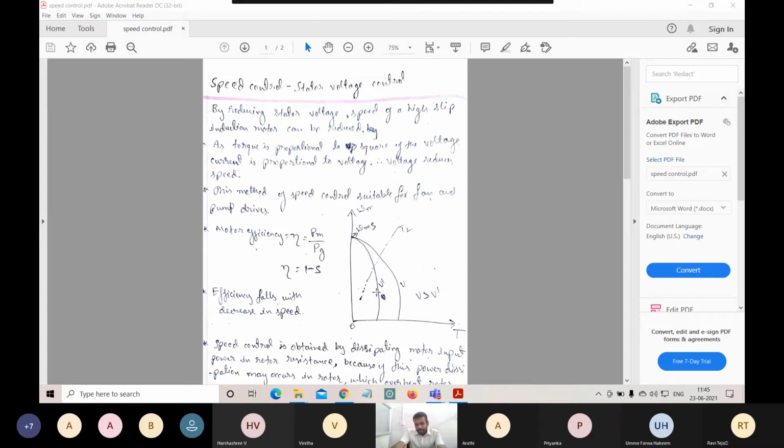These relationships or graphs we can obtain by varying the voltage. This is the graph for the voltage V, and this is the relationship for the voltage V dash.